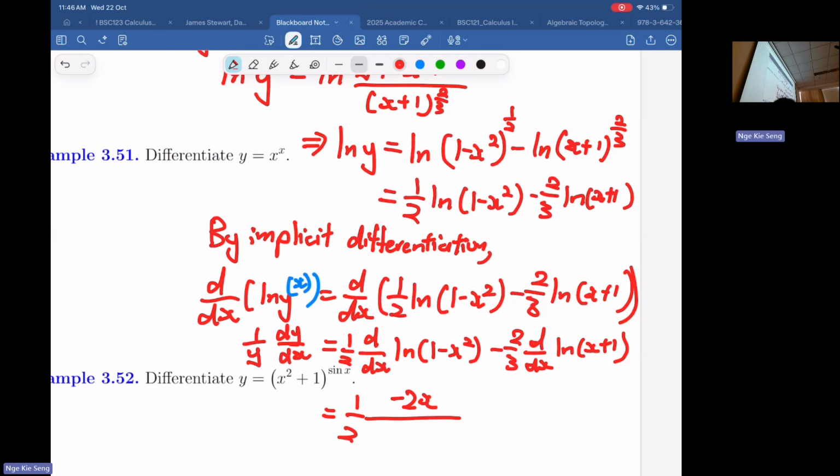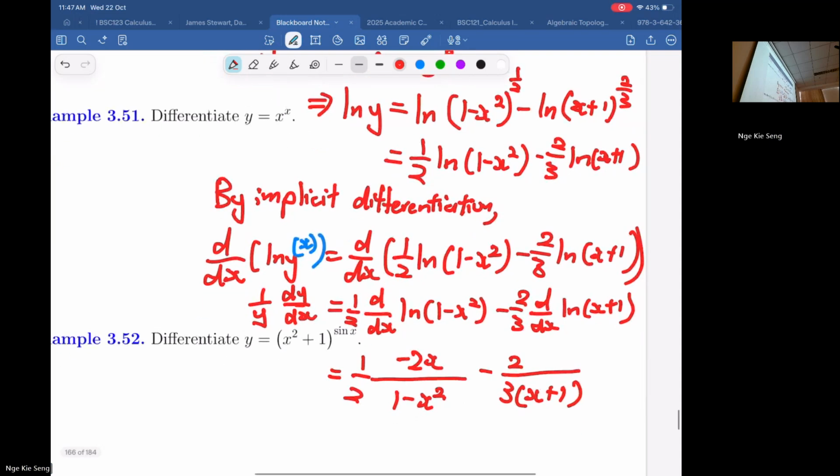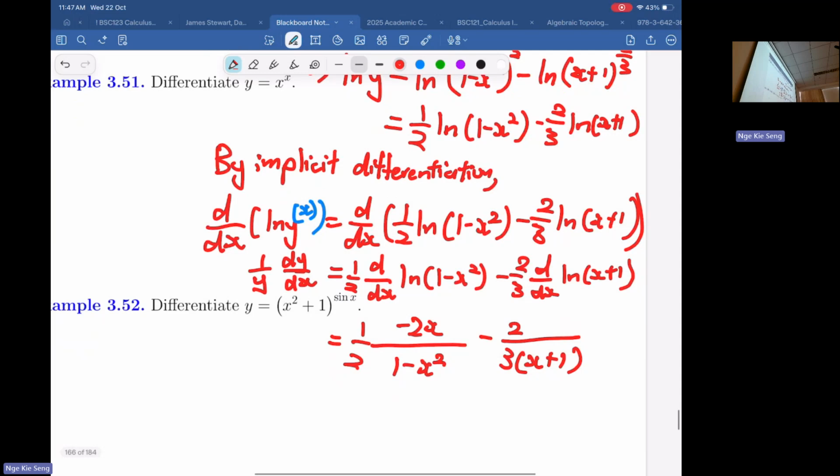Why do I still have the square root here? Oh yeah, sure. So what do you get? 1 minus x squared. And then the chain rule on x plus 1, what do you get? You just get 1 if you differentiate inside, and then ln of x plus 1 becomes that.